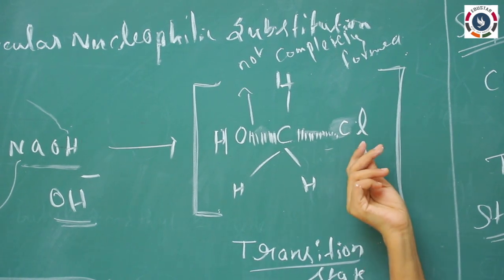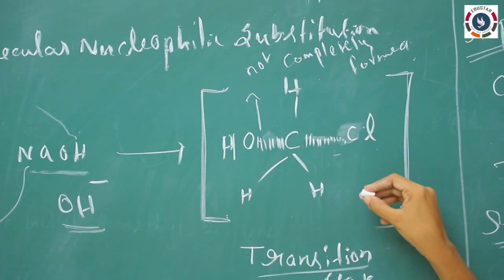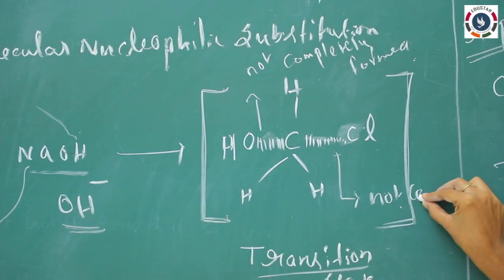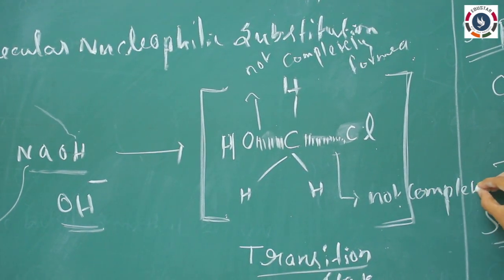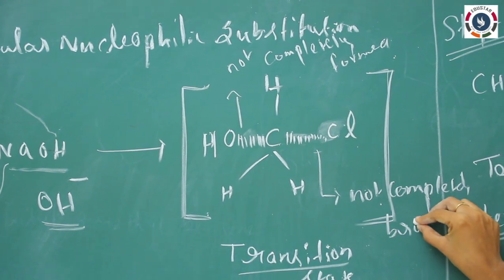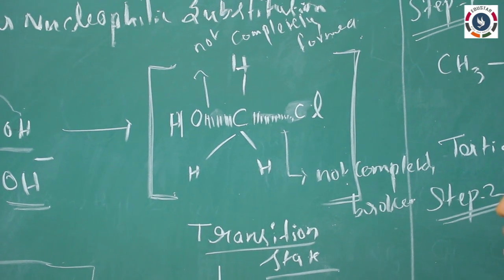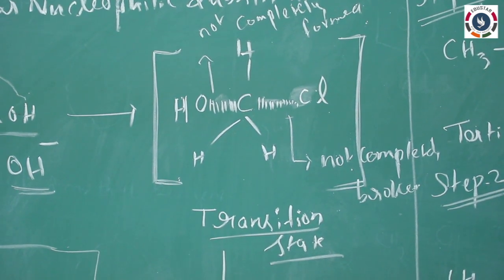Similarly, the bond between the chlorine and the carbon is not completely broken. Not completely broken. At this stage, the compound is said to be present in the transition state.